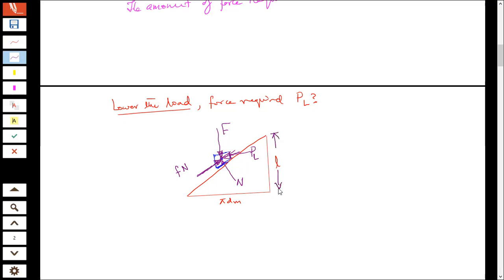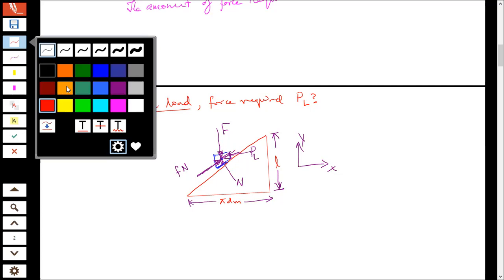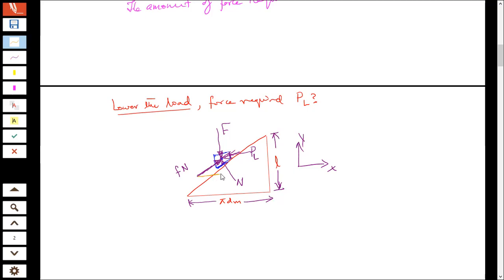Again, I'll do the same as I did in the previous case: take the sum of the forces in the x direction and the sum of the forces in the y direction. So I'll split this one into two components, the horizontal and the vertical component. Similarly, I'll have the horizontal and vertical components for the normal too.